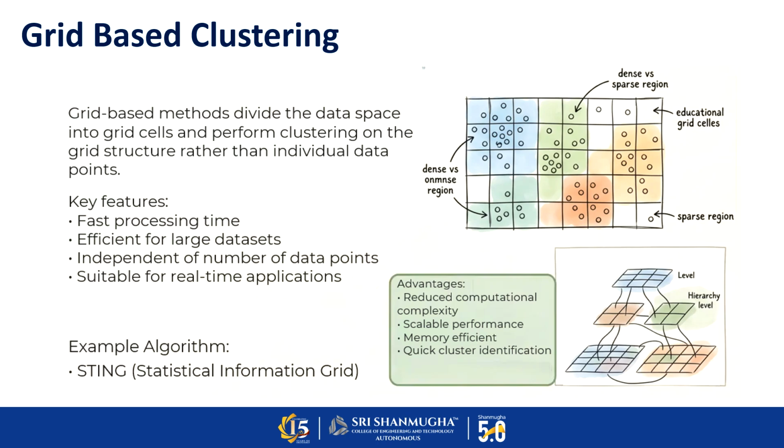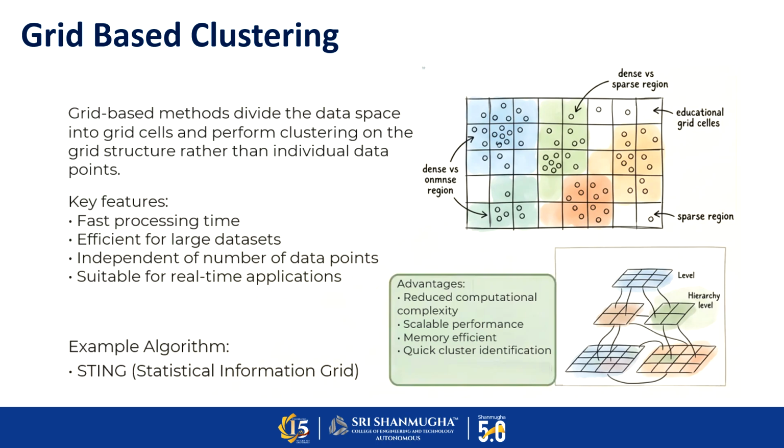Each grid cell is assigned a density value: how many data points fall within that cell? Cells with high density are considered part of clusters. Cells with low density are sparse regions or noise. Adjacent high density cells are merged to form clusters.